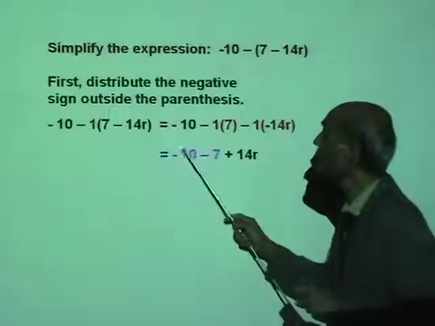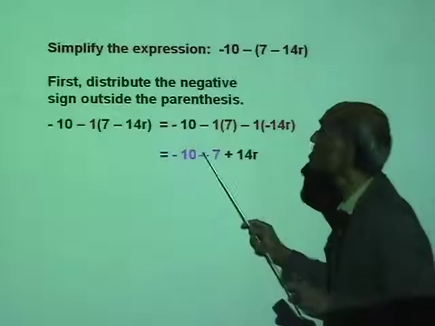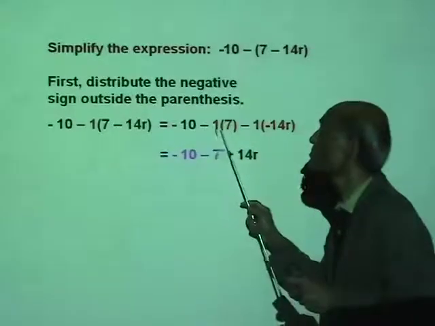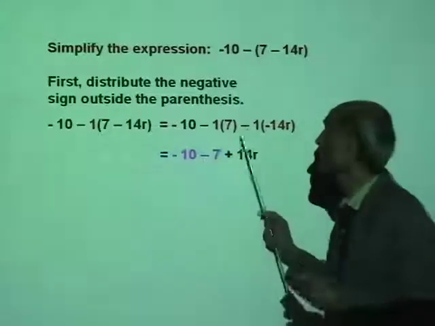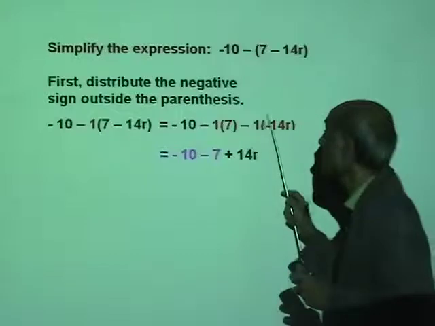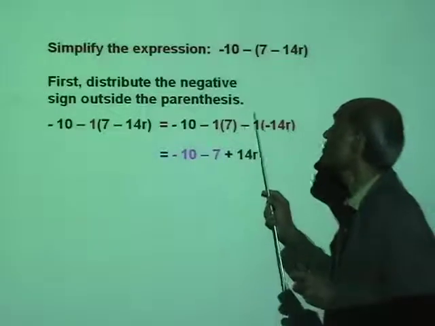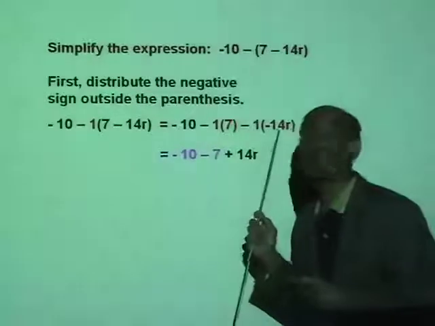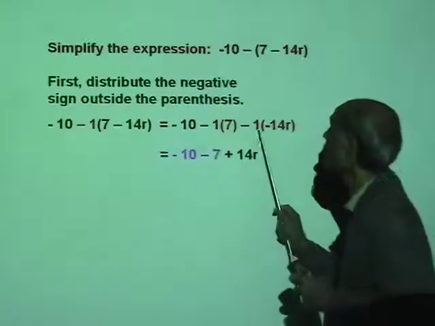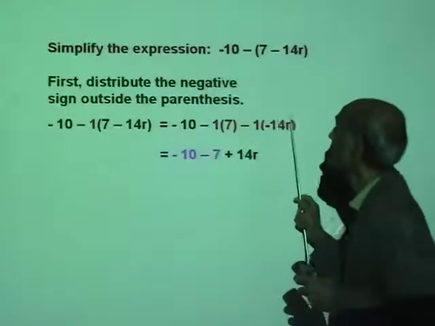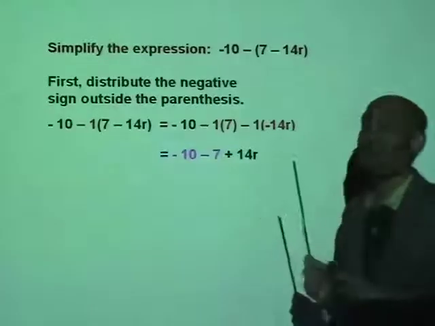This is negative 10 minus 1 times 7, which is minus 7. Negative 1 times positive 7 is negative 7. And negative 1 multiplied by negative 14r: a negative number multiplied by a negative number is a positive number. So negative 1 times negative 14r is positive 14r.